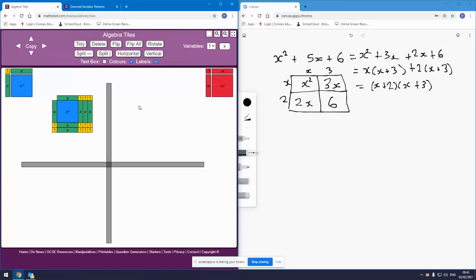But what I will say about this is if you're going to use this as an axis, then what pupils need to be very familiar with is the idea that positive times positive will give positive, so positive areas will appear here, and also negative times negative will give positive, so positive areas will appear here, with conversely negative areas appearing here because positive times negative, and then negative areas appearing here because positive times negative.